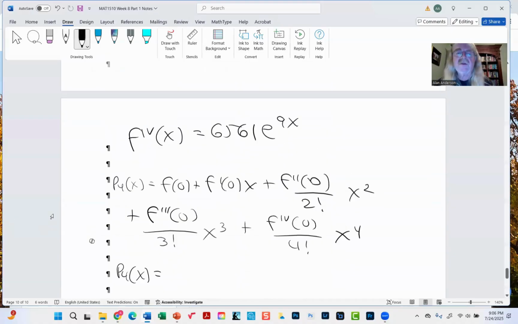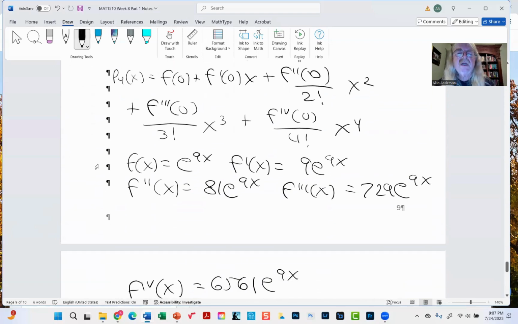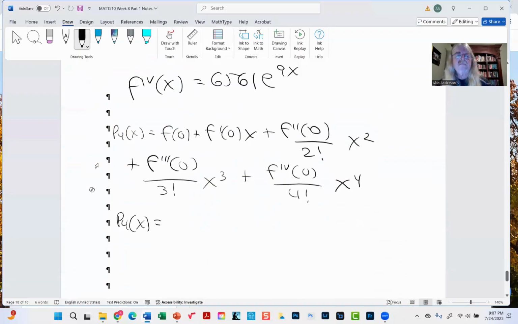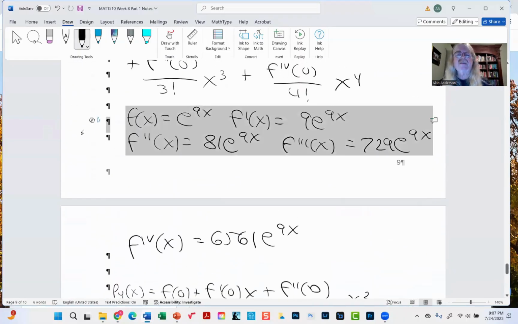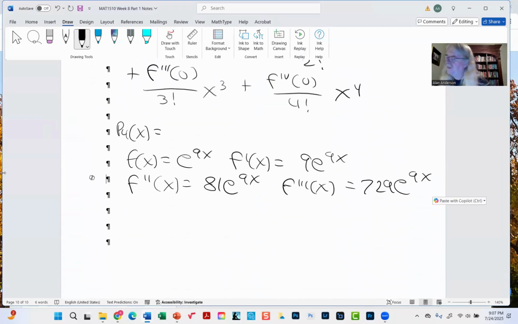F of 0 is going to be e to the 9 times 0, e to the 0, which is just 1. Okay. Actually, we might as well solve for these before we go any further, because we're just going to be plugging them in.